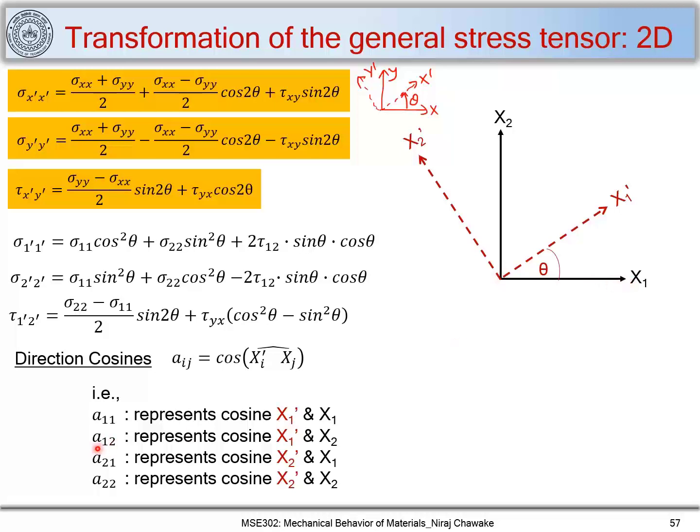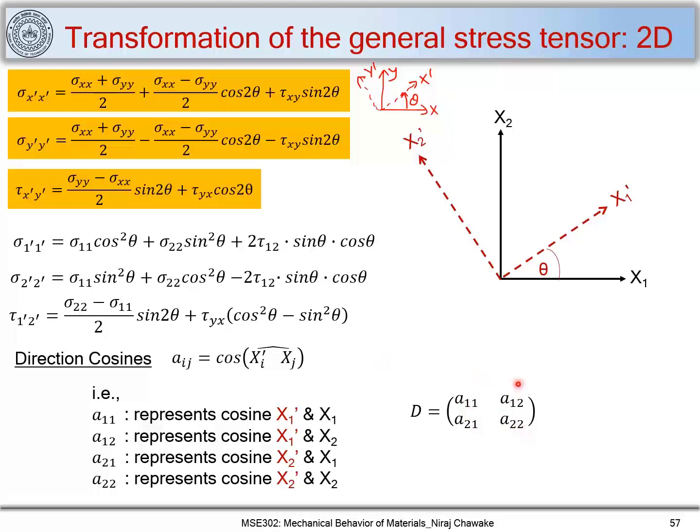Similarly, a12 represents cosine of the angle between x1 dash and x2. a21 represents cosine of the angle between x2 dash and x1, and a22 represents cosine of the angle between x2 dash and x2. So I define my matrix of direction cosines as having these components a11, a12, a21 and a22.